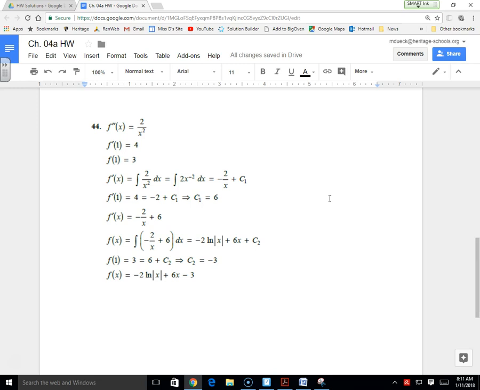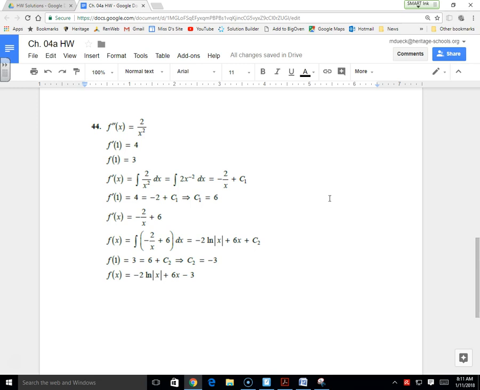They named it c1 because they're going to have another one in a second. They could have named that one c and this one d. But then they used that clue: let the derivative equal 4 when x equals 1. So they plugged in, 4 was the f prime, 1 was the x. That's how they got c1 is equal to 6.